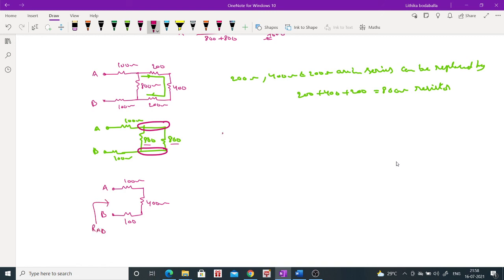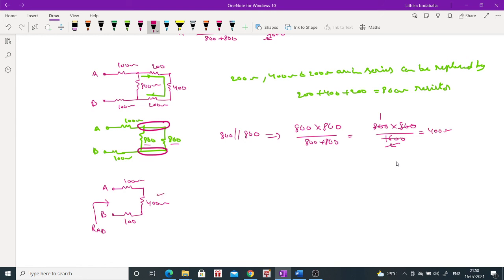See how you got this 400: 800 parallel with 800 can be replaced by 800 multiplied by 800 divided by 800 plus 800, so 800 into 800 divided by 1600, that is 400. So that's why I have written 400 ohms here.